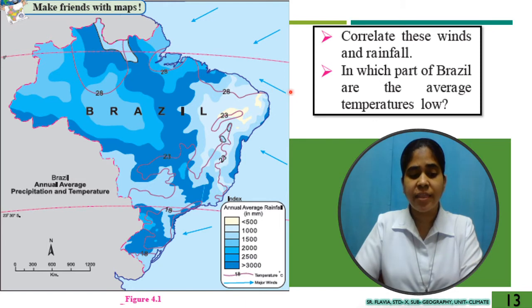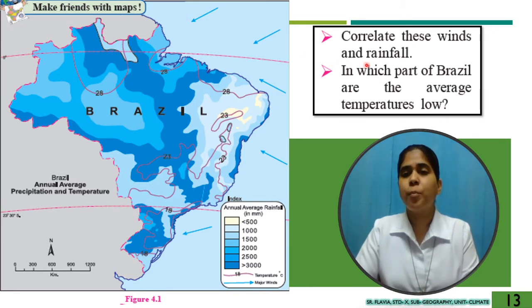And the higher they move, their water molecules start condensing. And as they get heavier, they fall in the form of rainfall. So you see over here, this place receives more rainfall. And this place over here receives less rainfall. This place is known as rain shadow area.